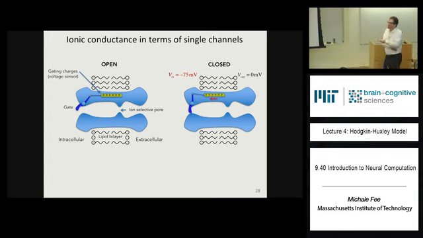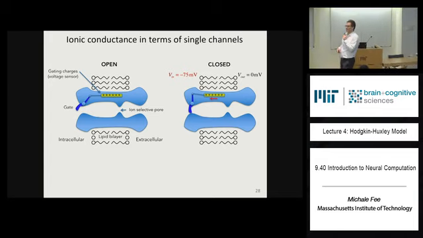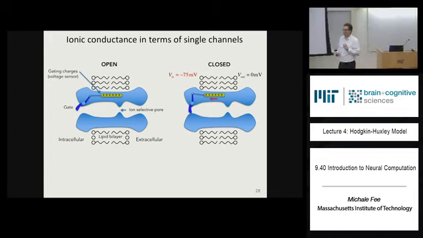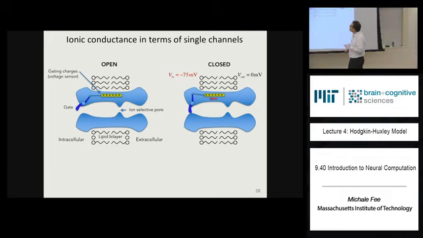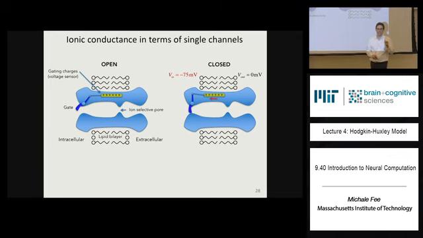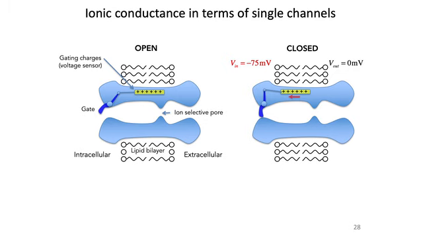Okay, but before we go on to that, I want to do one other thing, which I think is really cool. We're going to derive the voltage dependence of a potassium channel using the Boltzmann equation. So here's the way you think about a potassium channel working. Here's a potassium channel. We're showing a cross section.